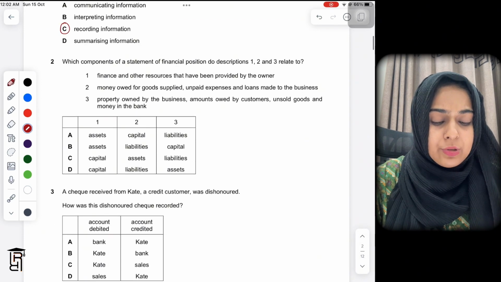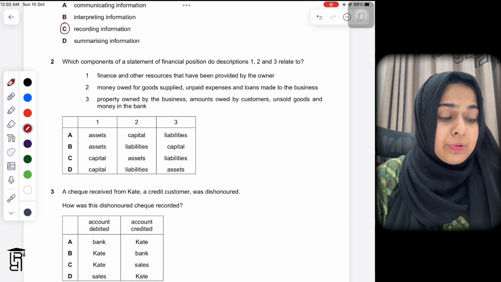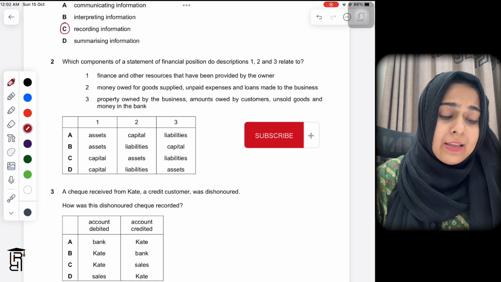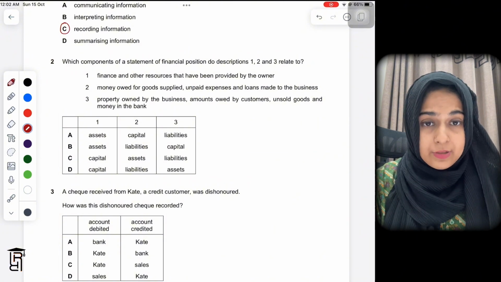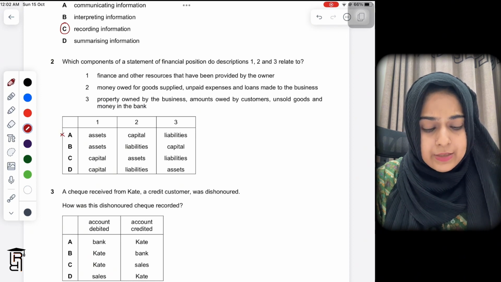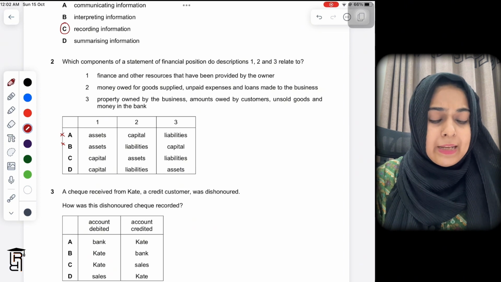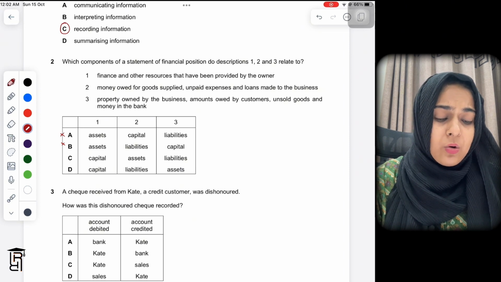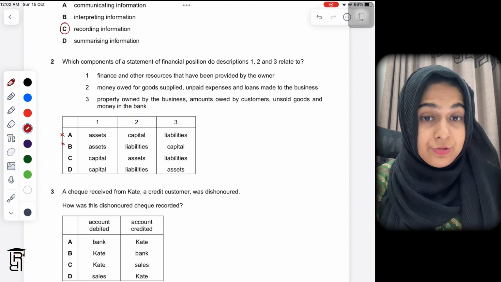Question number 2 asks which components of a statement of financial position descriptions 1, 2 and 3 relate to. Number 1 is finance and other resources that have been provided by the owner, so that is capital, and also equity. So your answer cannot be A and B, so either it's C or D. The next description is money owed for goods supplied, unpaid expenses, again liability, the amounts that you owe towards your trade payables.